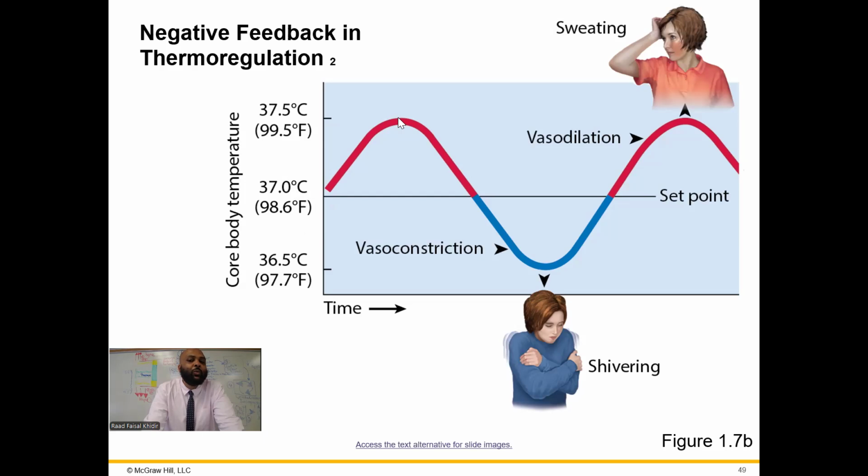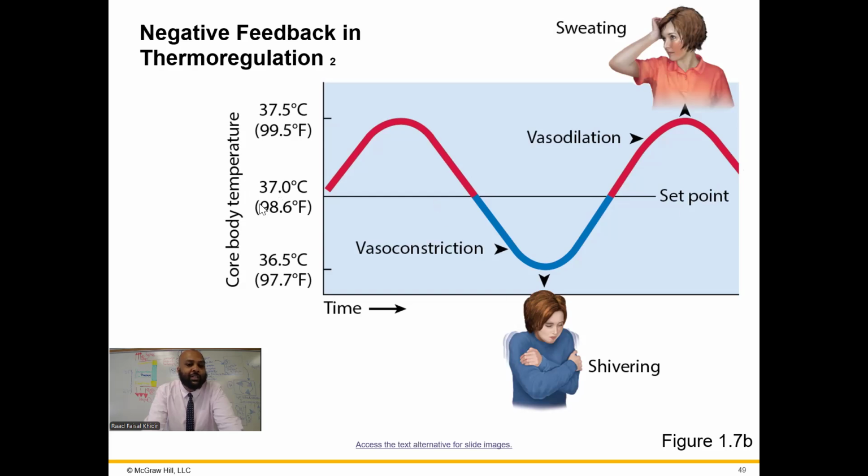When the temperature went up, how did I repair that? I repaired it with vasodilation and sweating. Then when I vasodilated and when I sweat, what happened to the temperature that was going up to here? It started going down until I have now a set point.